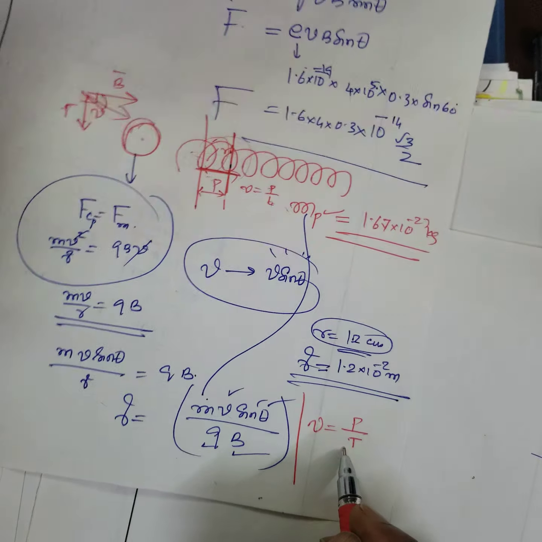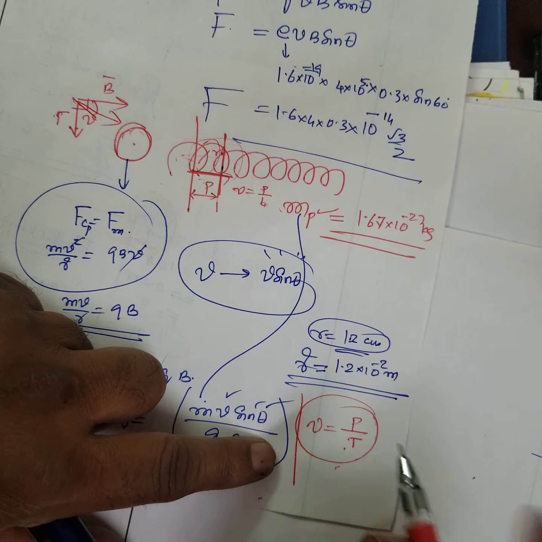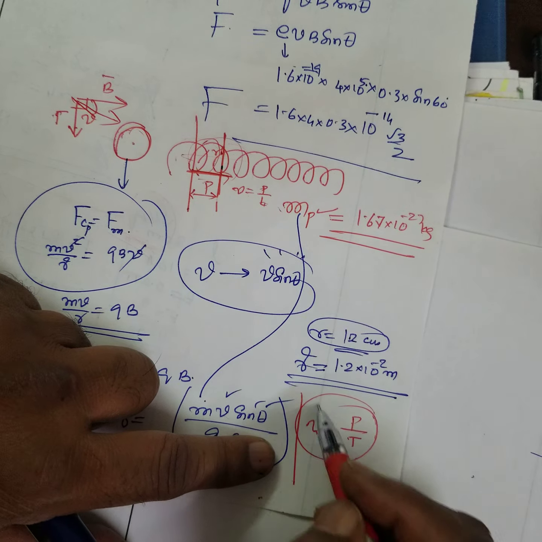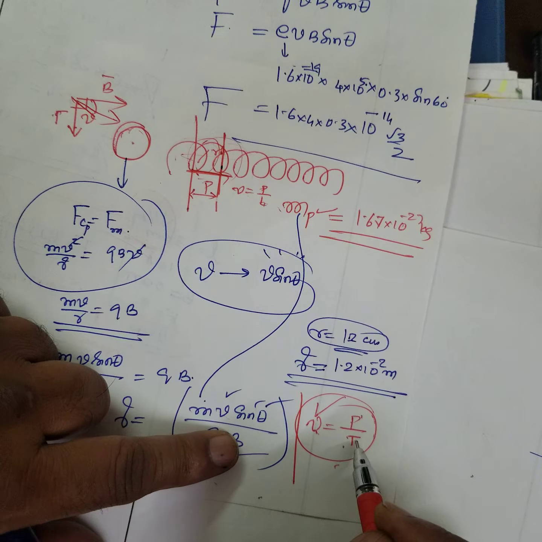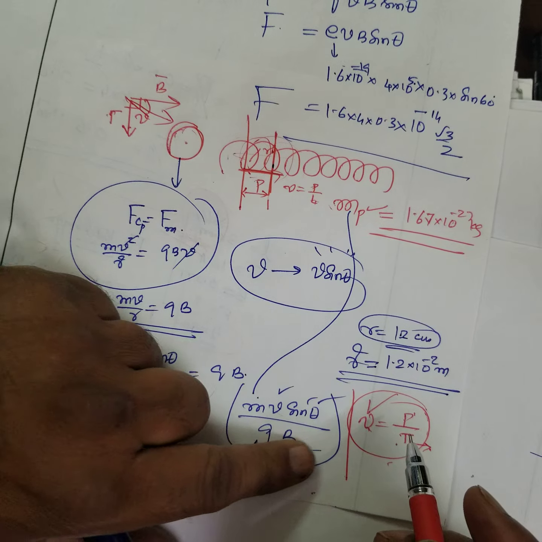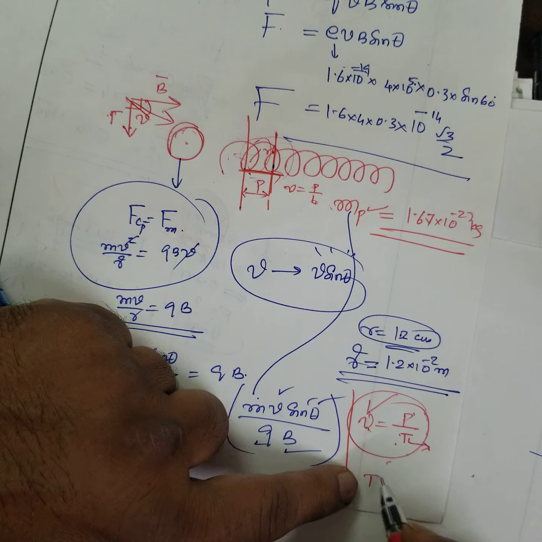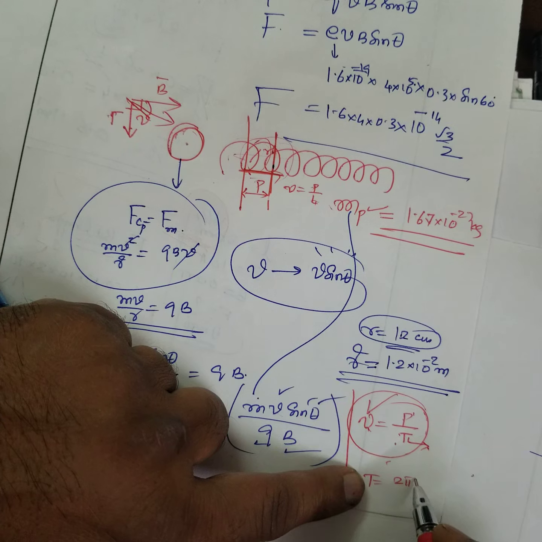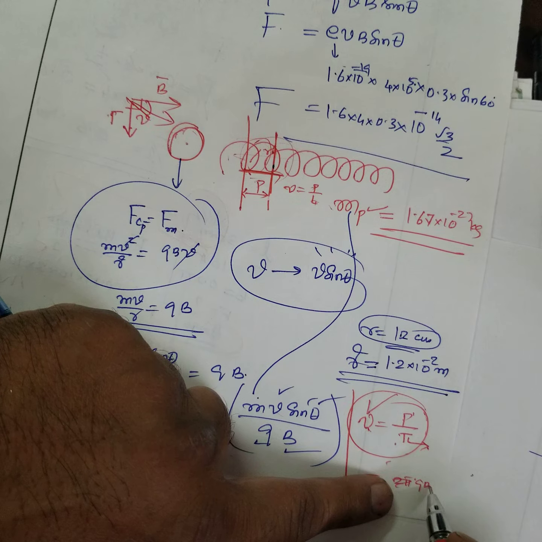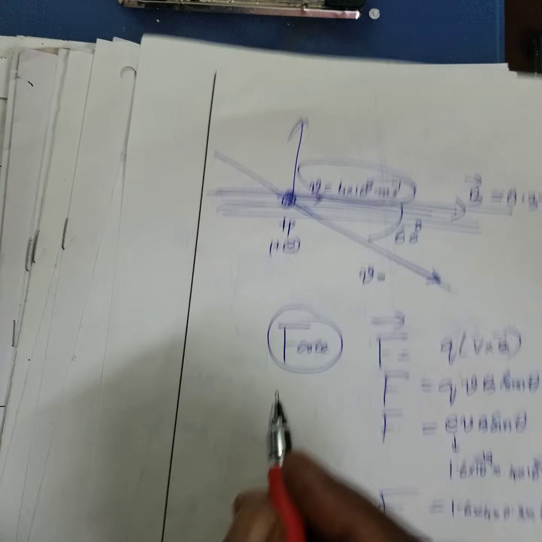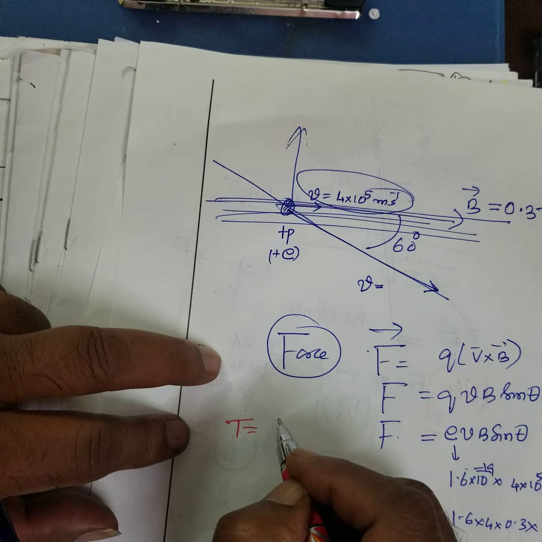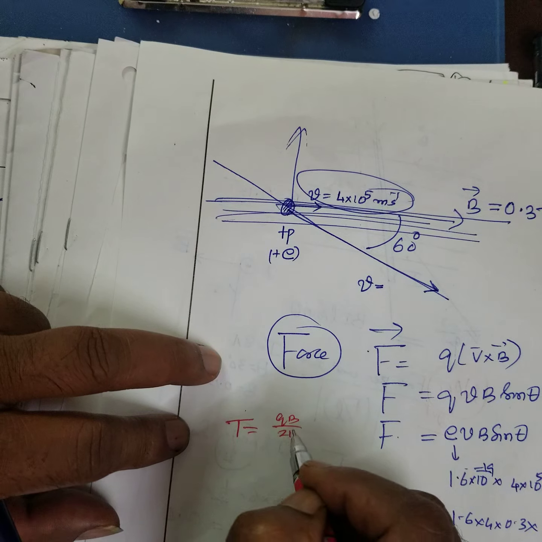But for the time taken for one rotation, again what? You have to use that formula. Velocity, no? Right? Time you have to calculate. What is T? Period is given by a formula. Period is equal to 2 pi m by qB.